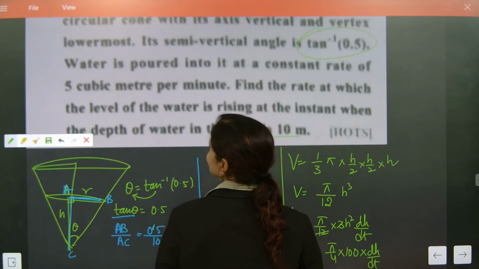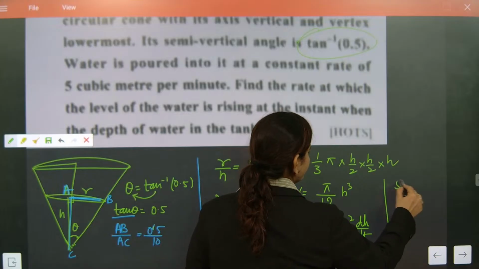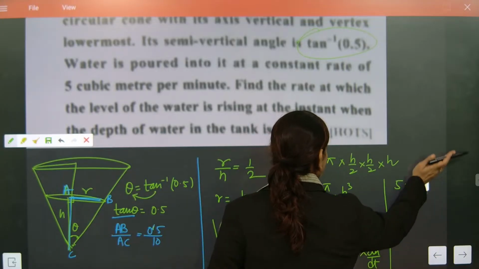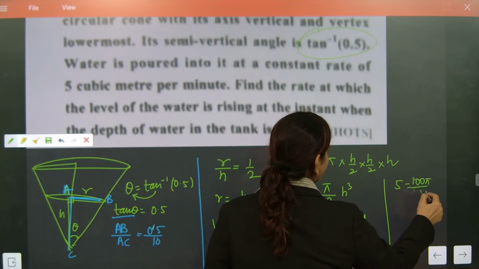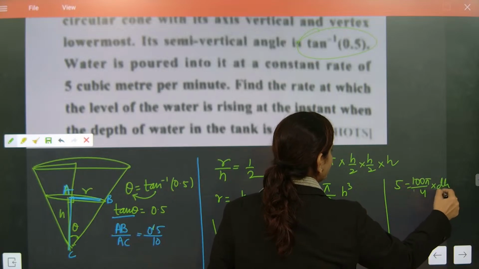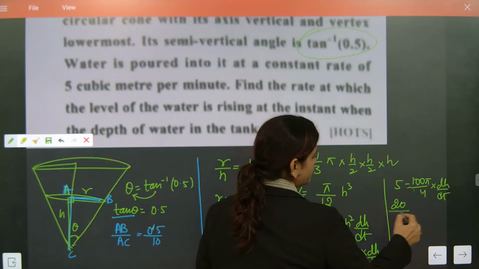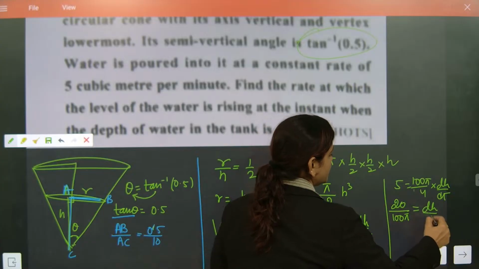Now it's time to put in the volume change. Volume change is 5 cubic meter. So 5 is equal to 100 pi by 4 into dh by dt. So 4 fives are 20 by 100 pi is equal to dh by dt.